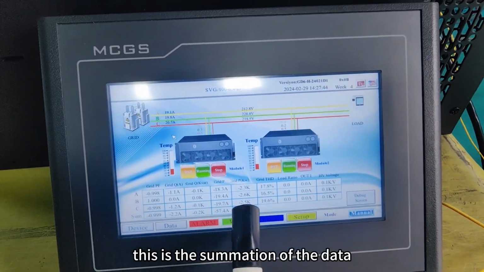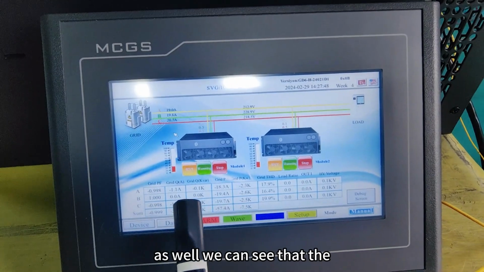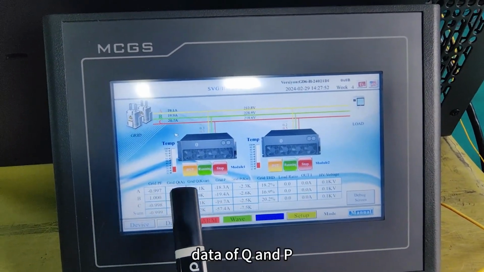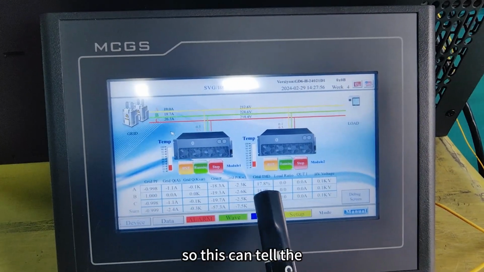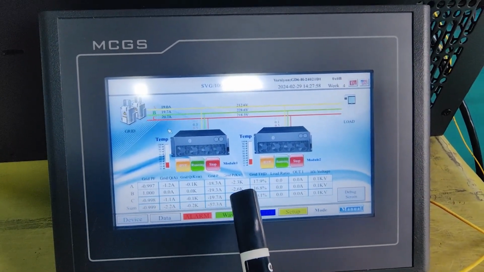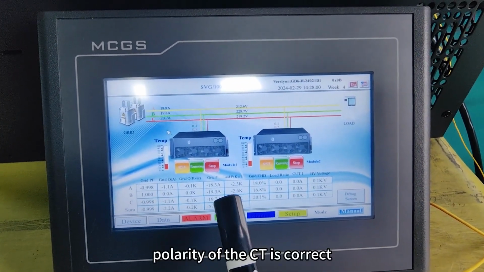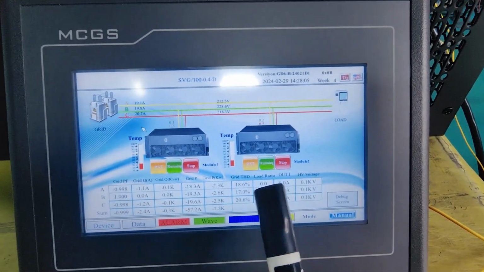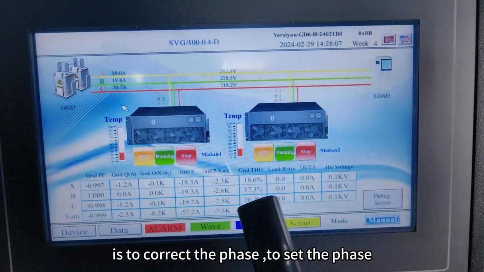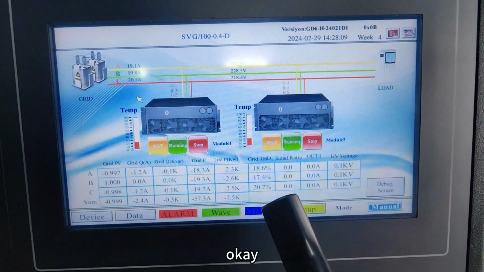This is the summation of the data. As well, you can see that the data of Q and P among the phases are balanced, so this tells us the polarity of the CT is correct.